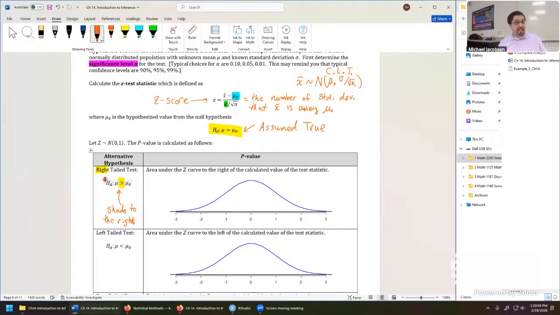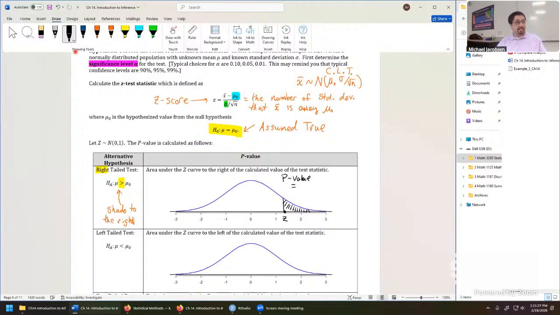So one reason it's called a right-tailed test is because we're actually grabbing the p-value as an ordinary probability, like we've all done in chapter 11, from the right tail of the normal distribution. So supposing our test statistic z was somewhere here. Again, it could be anywhere on this curve, but for the sake of one drawing, if I put z here and shade to the right, that area itself represents the p-value. So the p-value is here.